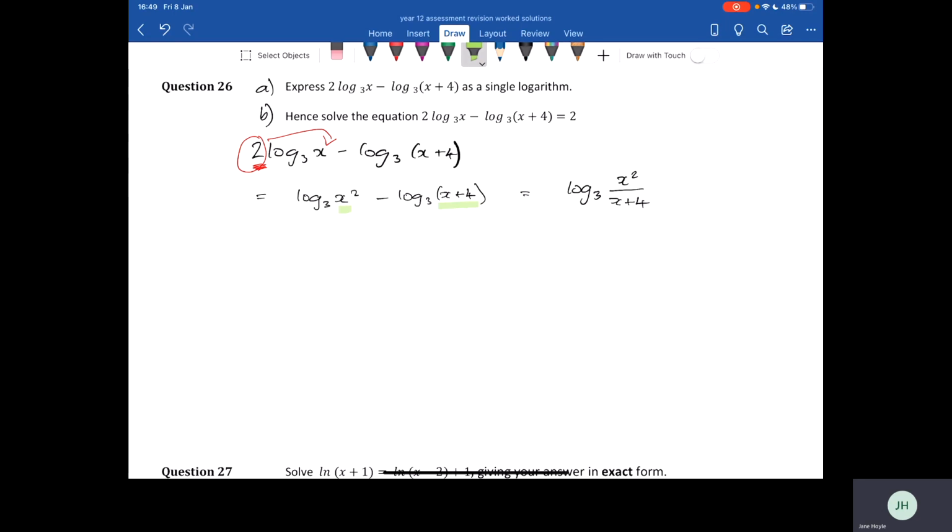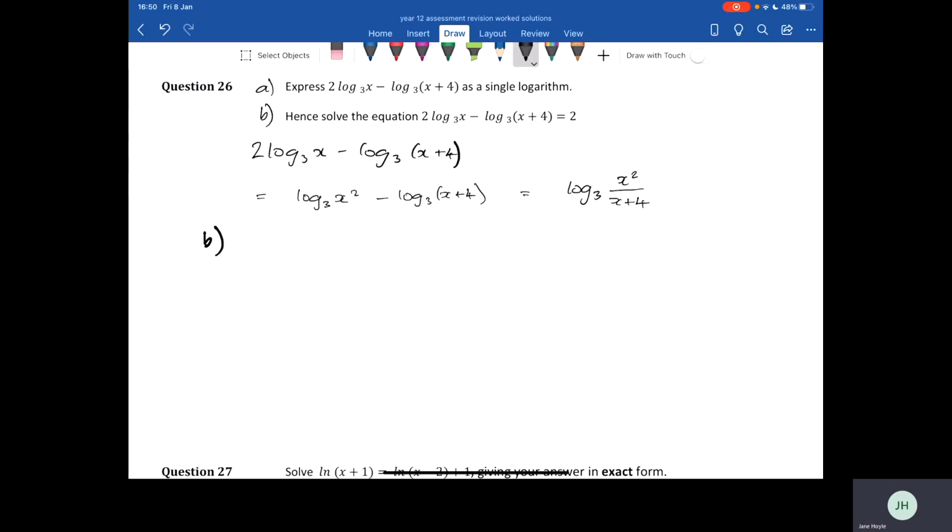Okay, what is inside the logarithm? We know it's a bit big and clumsy, but we have taken those 2 separate terms, moved the 2, and we've written it as a single log. So now, hence solve.